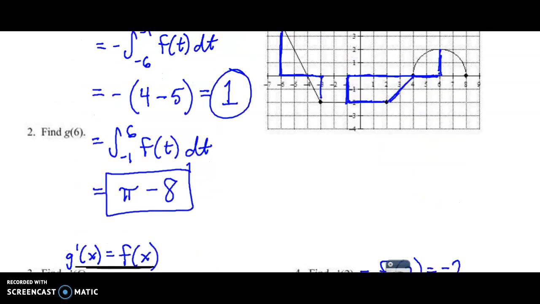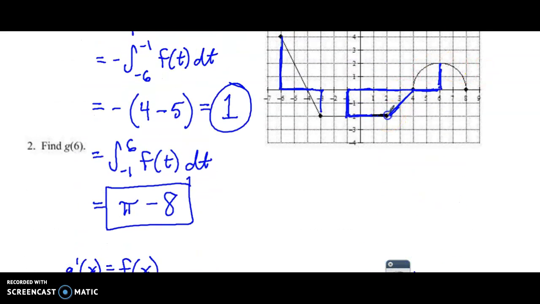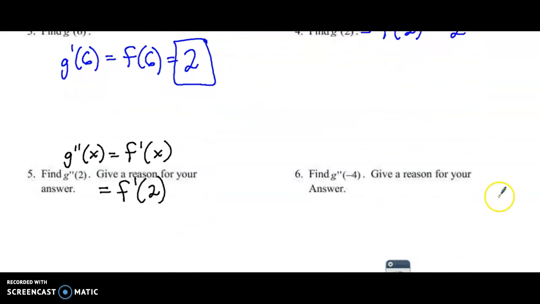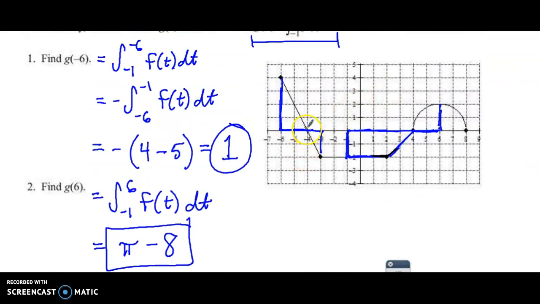Well, if you look at x equals 2, we have that sharp turn, some sort of cusp or node, which means that there is no solution. It's undefined. Whereas if you look at g double prime of -4, we're looking at f prime of -4, which looks to me like clearly a slope of -2.